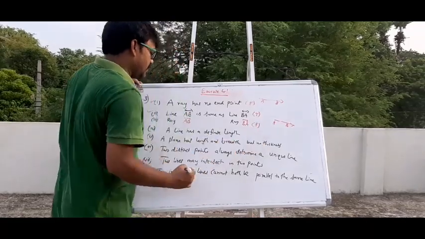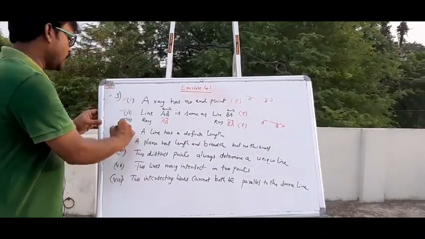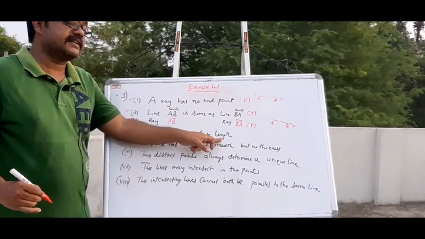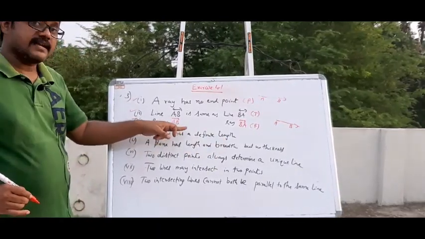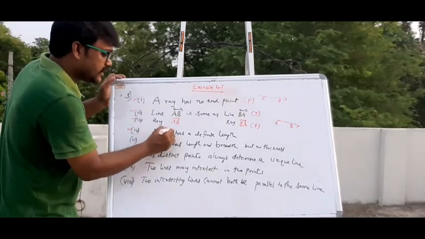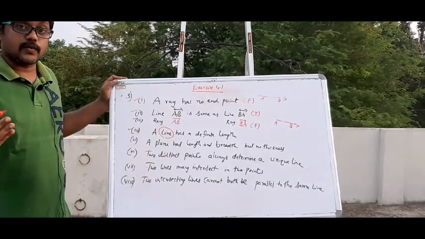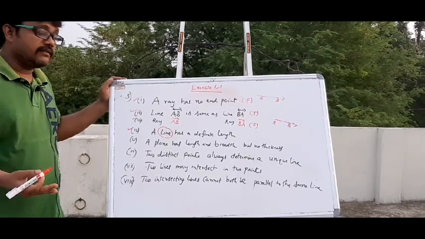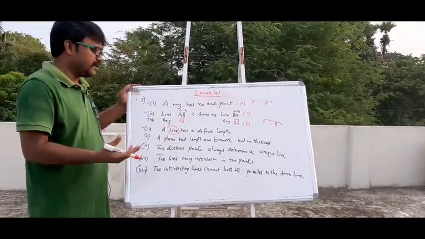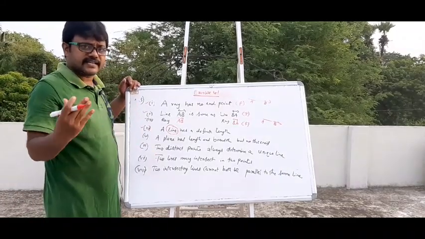Okay, let me go for the fourth one. A line has a definite length. Here observe the word line. It has no end points. How can we measure a thing that has no end points? If it has end points, both a beginning as well as an ending, we can measure it.